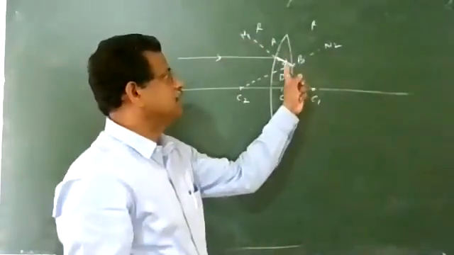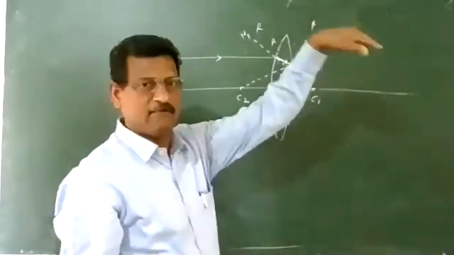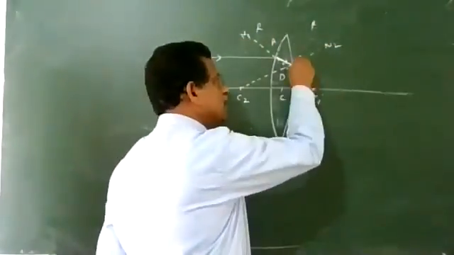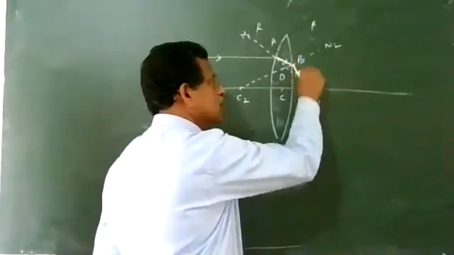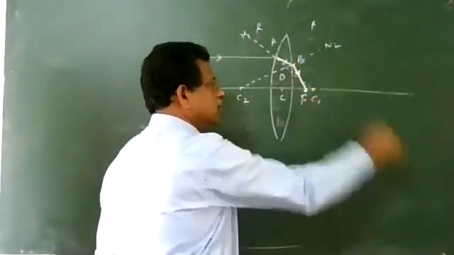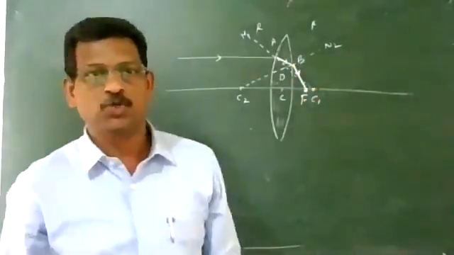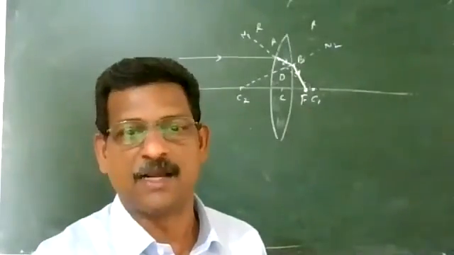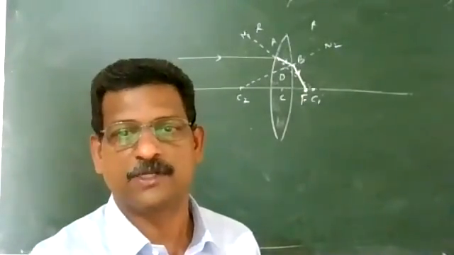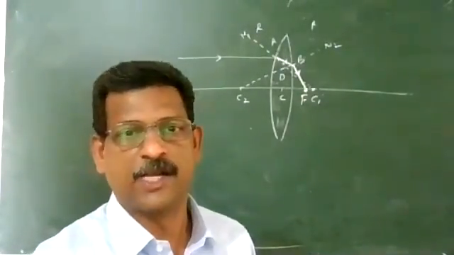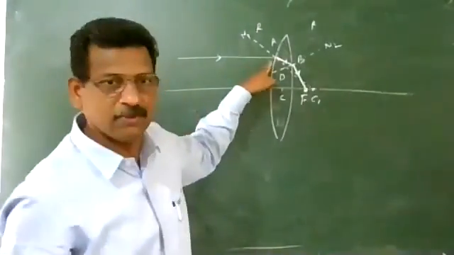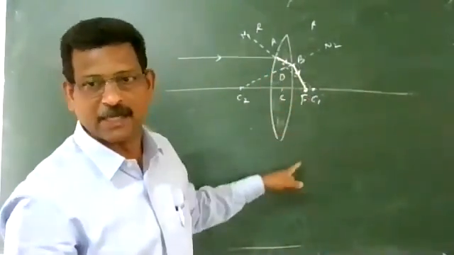Now the light ray coming from denser to rarer bends away from the normal. Therefore, finally, the light ray comes to this point. So two refractions are marked here: rarer to denser and denser to rarer, giving converging action.